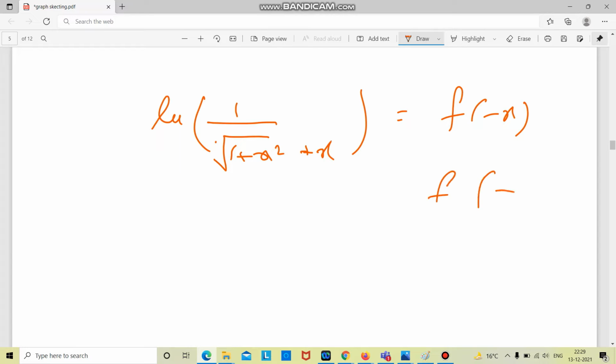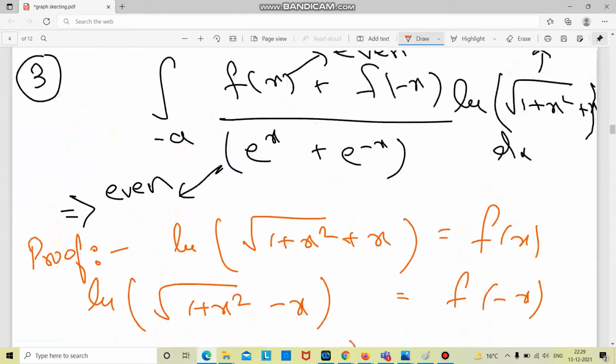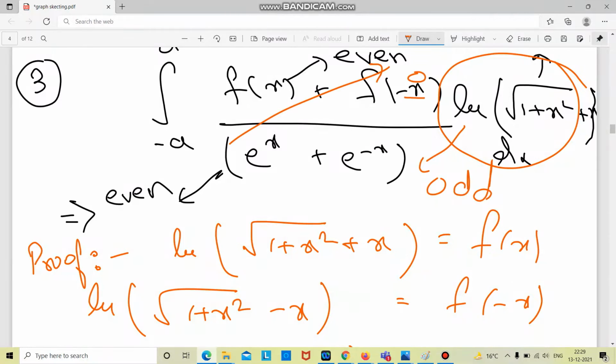This is f of minus x. Then f of minus x is minus ln of (under root 1 plus x square plus x). F of minus x is minus f of x. Hence proved. So from here we can conclude that this is an odd function. Hence the integration is 0.